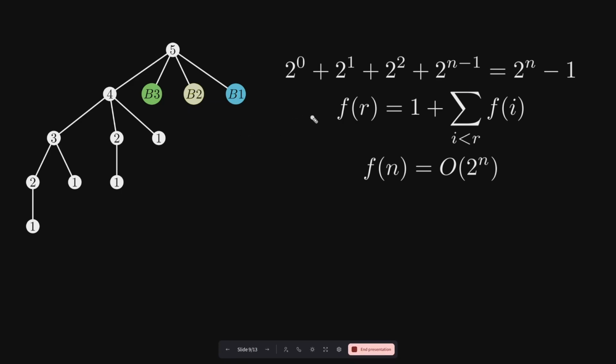And if you want to write it more formally, every time you attach a node that ends at round r, you add 1 because you just added a new node, and then you will need to attach each of the subtrees, not just the nodes, each of the subtrees from the previous iterations. That is why b3, b2, b1 and b4. So the recurrence relation is f of r equals 1 plus this, and this formula simply comes out to be 2 to the power n.